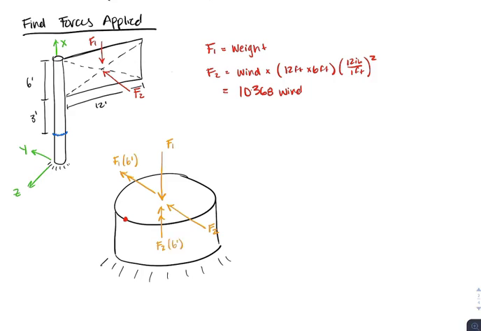And now we're not done with our F2 force. We've moved it to the centroid of the pole, but now moving it from the centroid of the sign to our section, we're causing another moment, this one about the z-axis. So it's going to be along this axis, and that value is going to be F2 times 6 feet. So those are all of our forces and moments that are acting on our section.